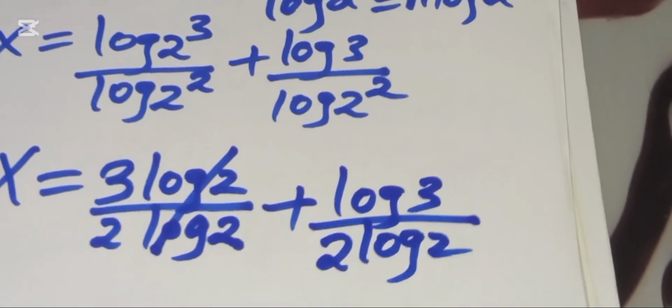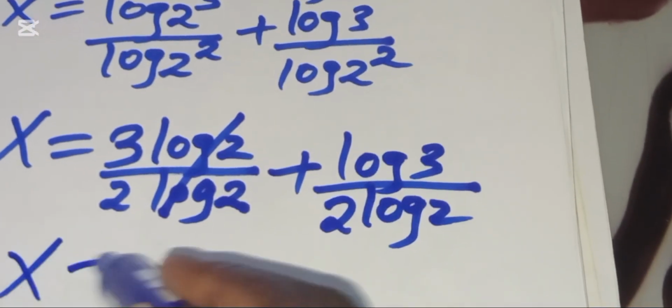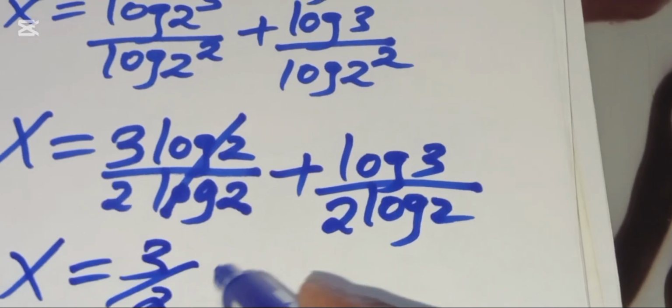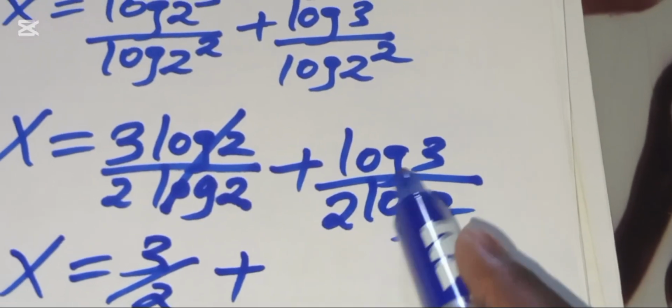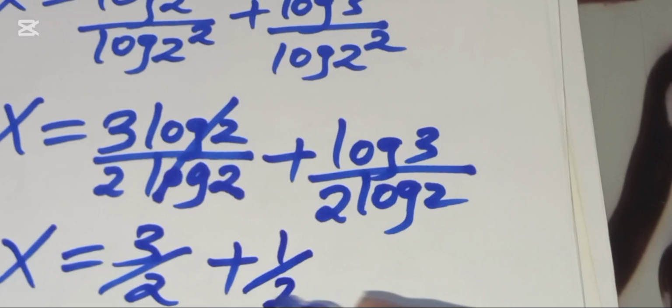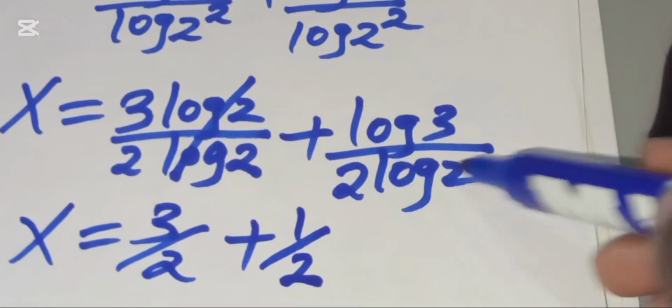From what we have here, we simplify log 2 and log 2. This means that x is equal to 3 divided by 2 plus, as you can see, the same thing as half log 3 divided by log 2.